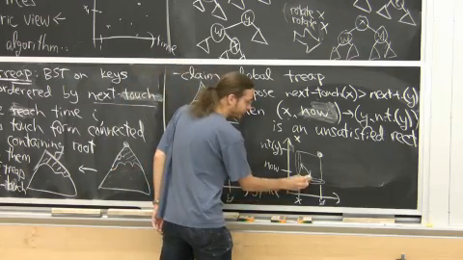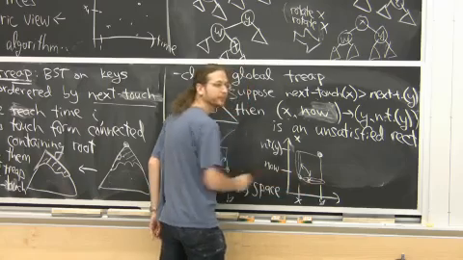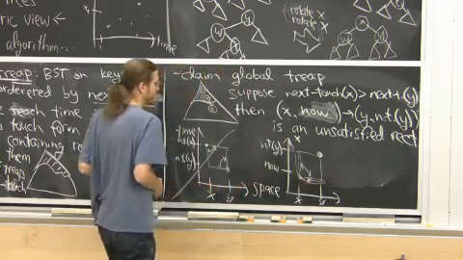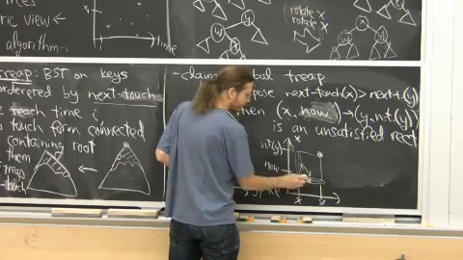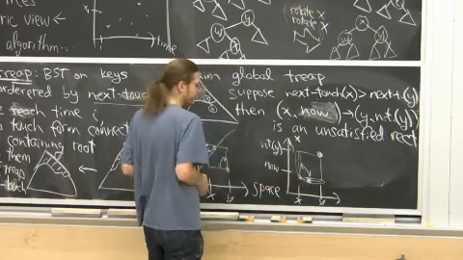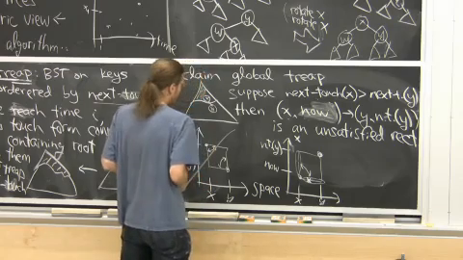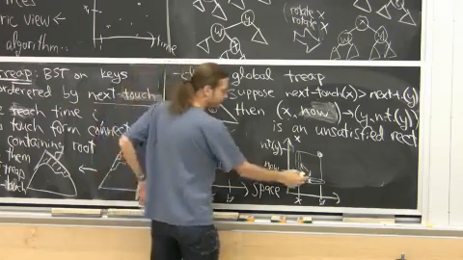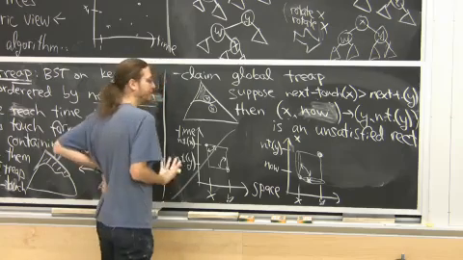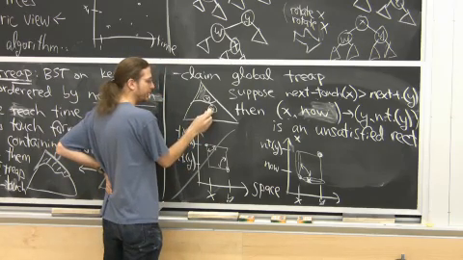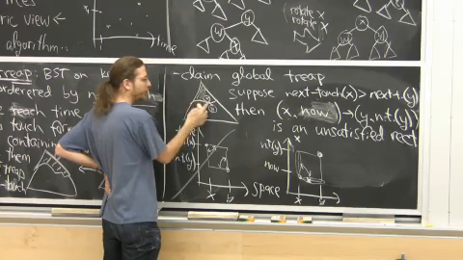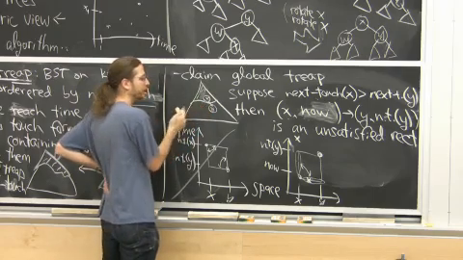Look at the leftmost point in this range. This guy. It's a point between x and y in terms of key value. So in this picture, where could it be? Where are the points between x and y in this diagram?